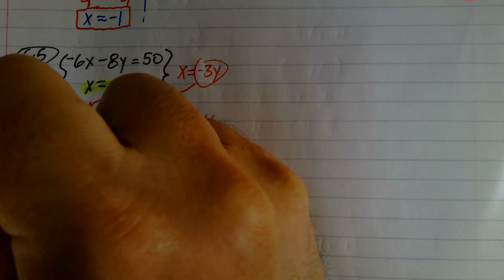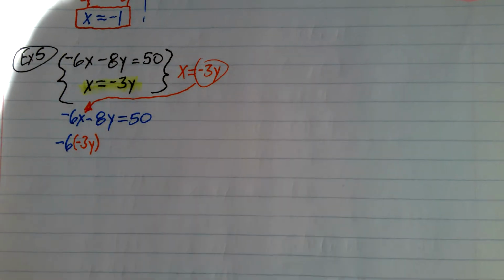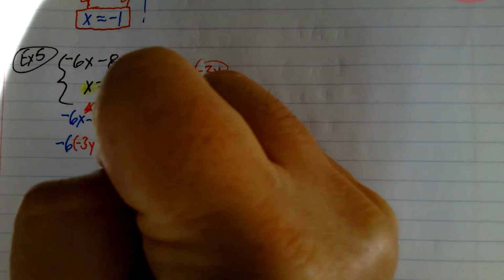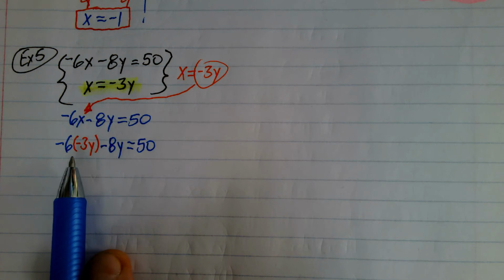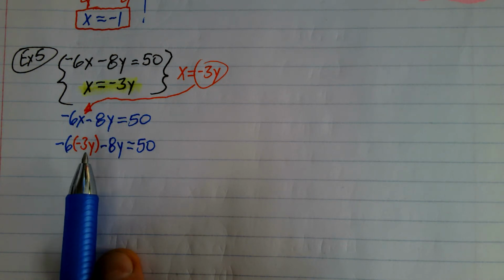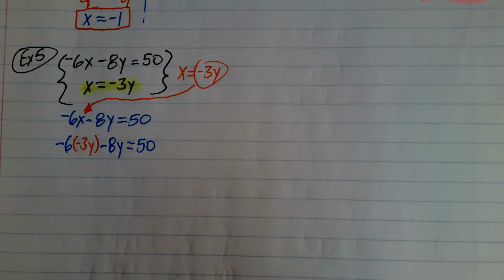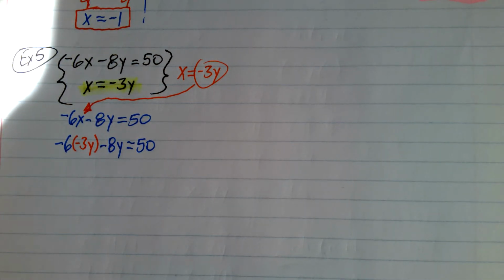So let me do that substitution step. Negative 6 times negative 3y, and then write the rest of this, minus 8y equals 50. Okay? So I know it looks kind of weird, negative 6 times negative 3y, but it's just a negative times a negative.